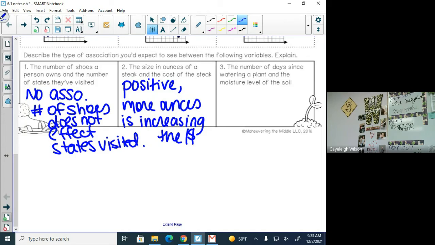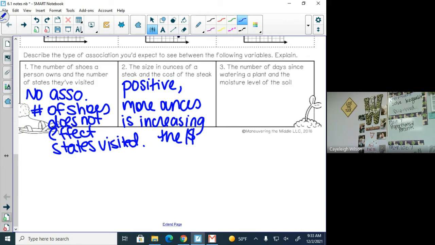So that's what makes it negative, because they have different variables. One is increasing, one is decreasing. Whereas with the cost of the steak, as steak size went up, costs went up and up. With the water level, more days, less water. Less days would be more water.